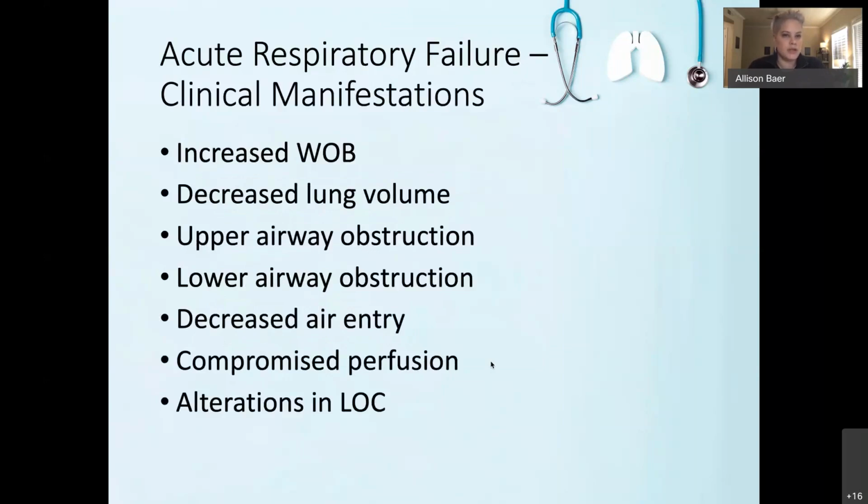So you're going to see work of breathing. You're going to see decreased lung volume. You could have obstruction in the upper or lower airways. It really just depends what's causing it. And your first thing is going to want to be to find the cause and fix it. But as their respiratory failure worsens, you could see altered level of consciousness, things like that.